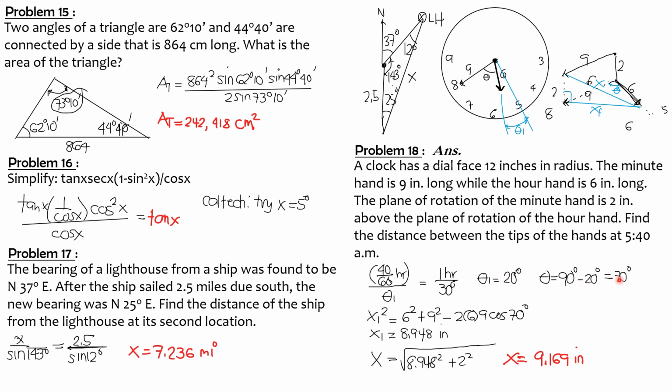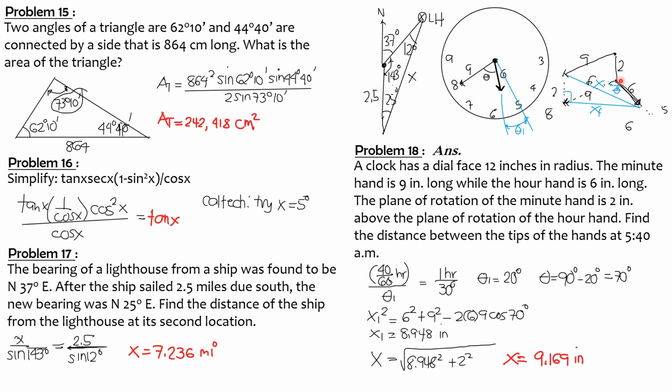Then we apply cosine law. This is now the pictorial view. This hour hand, which is 6 inches, points to this point here, and this minute hand, which is 2 inches above the plane of the hour hand, points exactly to this 8 mark here.